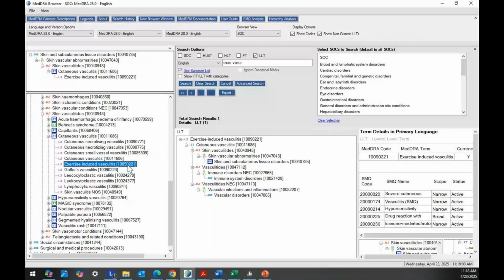So that's my thought process. Someone did put in PollEV exercise-induced vasculitis, so that's very good. That takes care of the first part of my verbatim. How would I handle the second part, where they said she got a headache because her hair was tied back in a ponytail? Let me go to my references on the next slide.